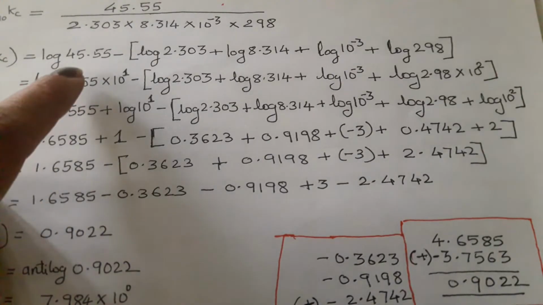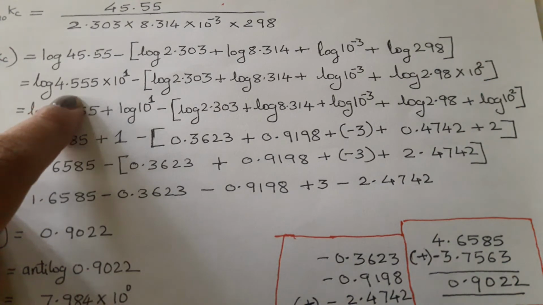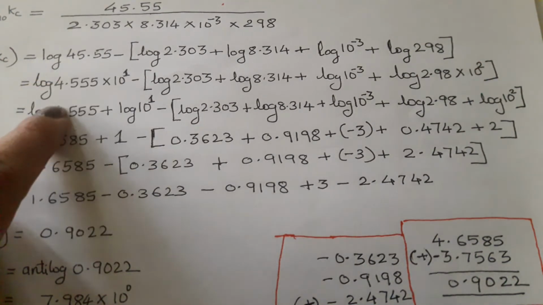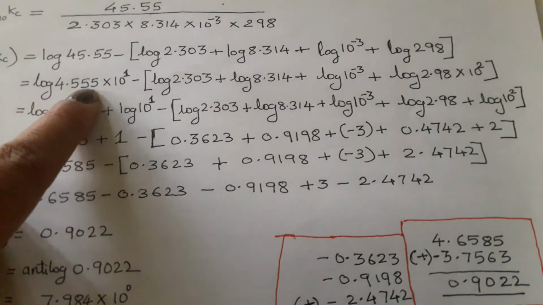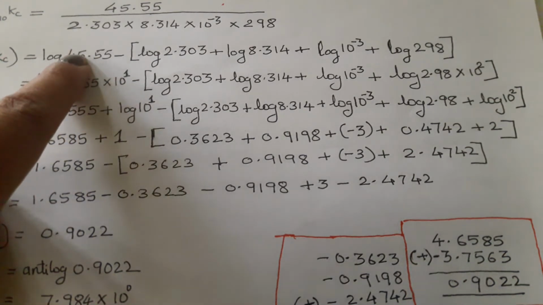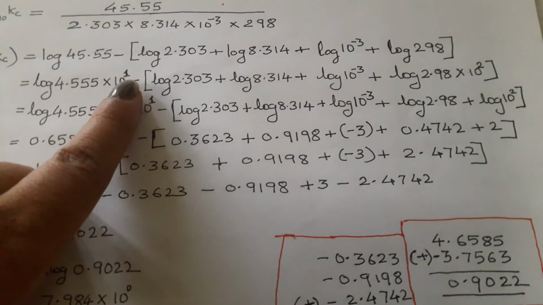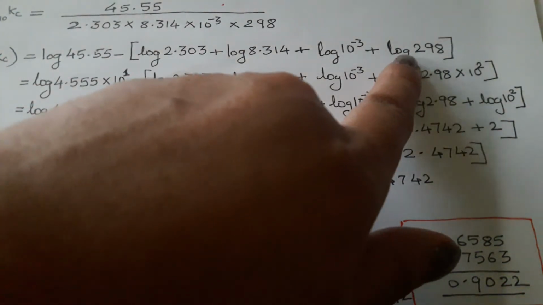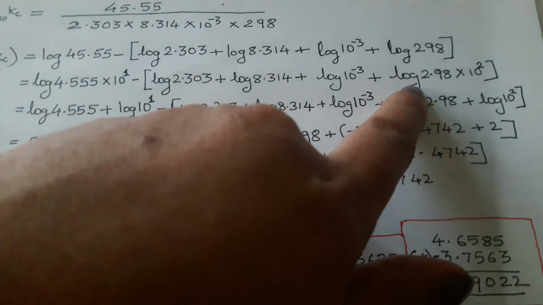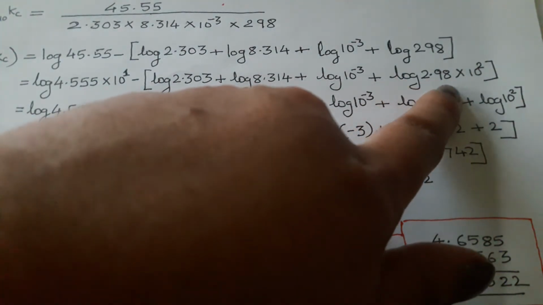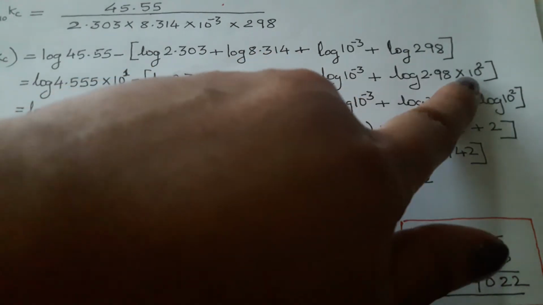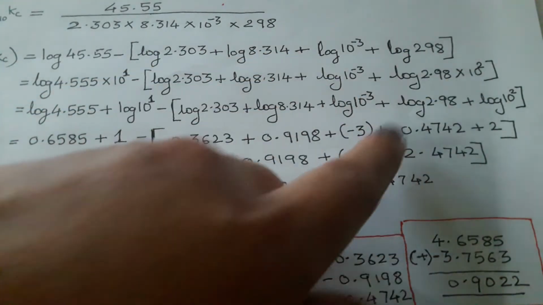While using log, it's better that we convert all the numbers into simple logs. That means 45.55 we will write as 4.555, and since there is a shift of one decimal, we write it as 10 raised to 1. Similarly, it is log of 298, so we write it as log of 2.98, and since we have shifted 2 decimals, we write it as into 10 raised to 2.